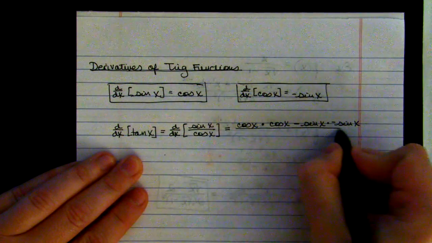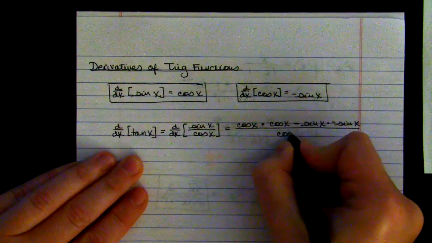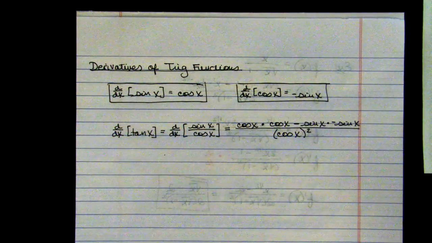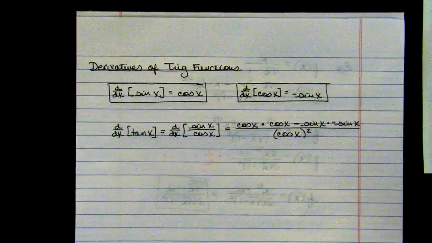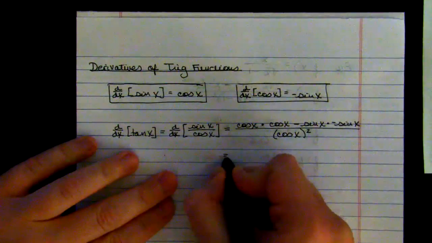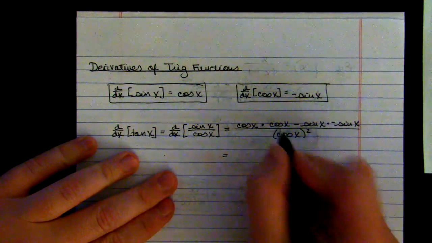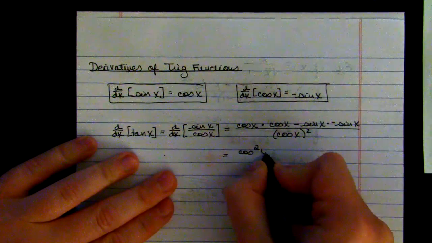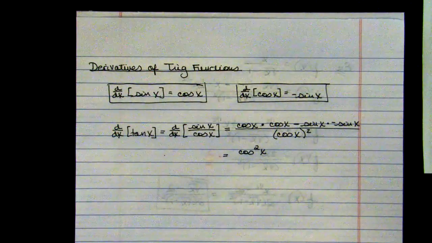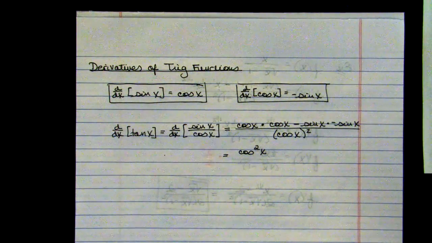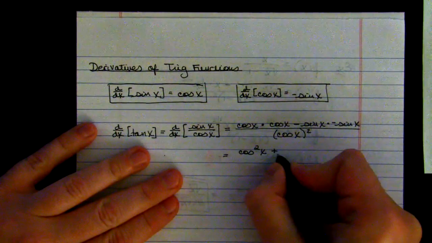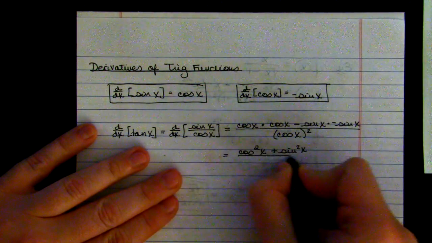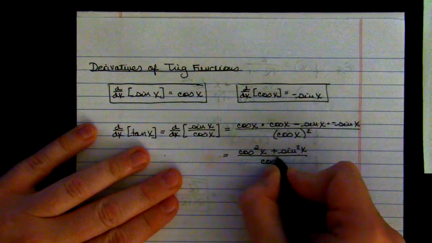Draw the line and square below: over cosine x in parentheses squared. Well, cosine x times cosine x is cosine x in parentheses squared. Hopefully you remember from last year that the shortcut way you can write that is cosine squared x. That means cosine x times cosine x. Plus sine squared x over cosine squared x.